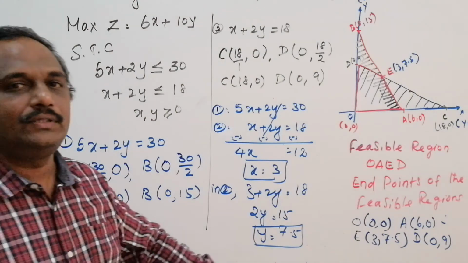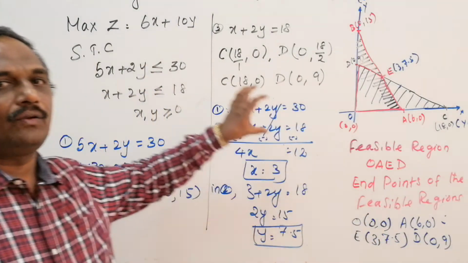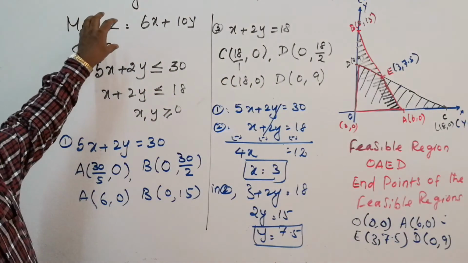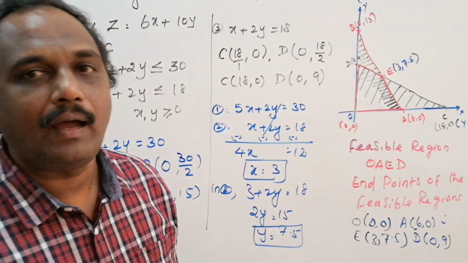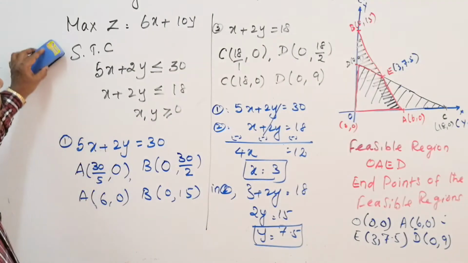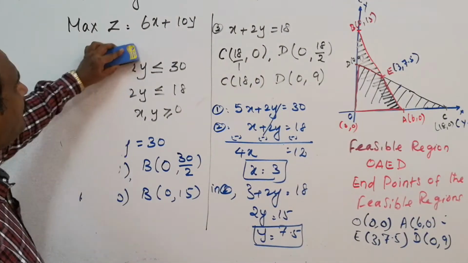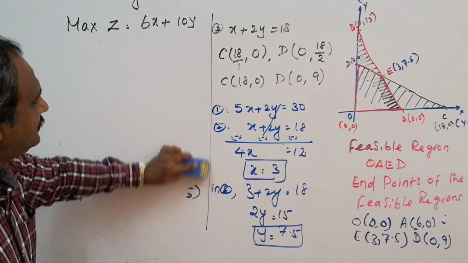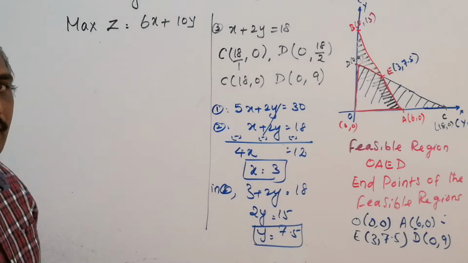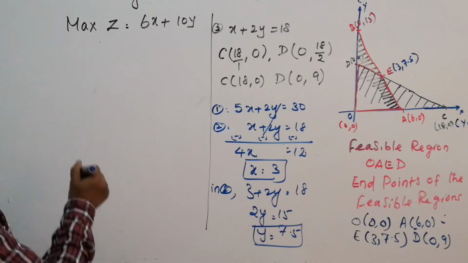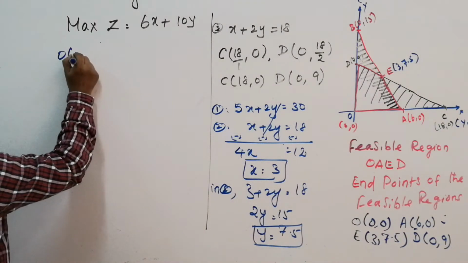Now we are going to take these 4 values and find the maximum of the objective function. So how to do this? Now we are going to consider the objective function. I am having z is equal to 6x plus 10y. I am having 4 points. One point is 0, 0.